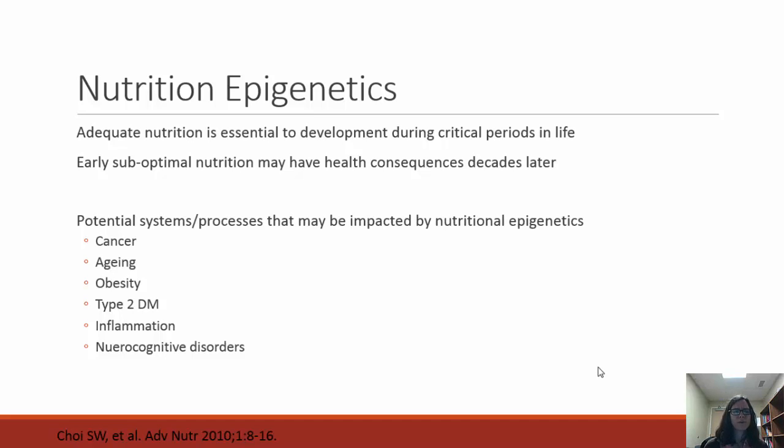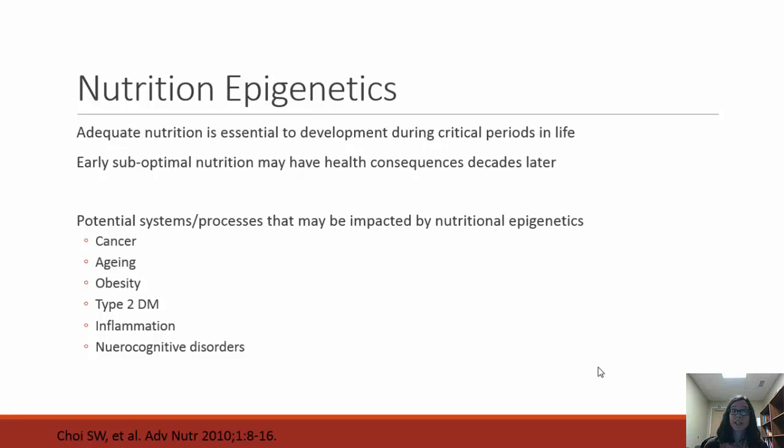So some of the research that's been done on nutrition epigenetics has revealed evidence that it could play a role in the development of cancer, in the way that we age, in obesity or type 2 diabetes, and could also impact inflammation and neurocognitive disorders.